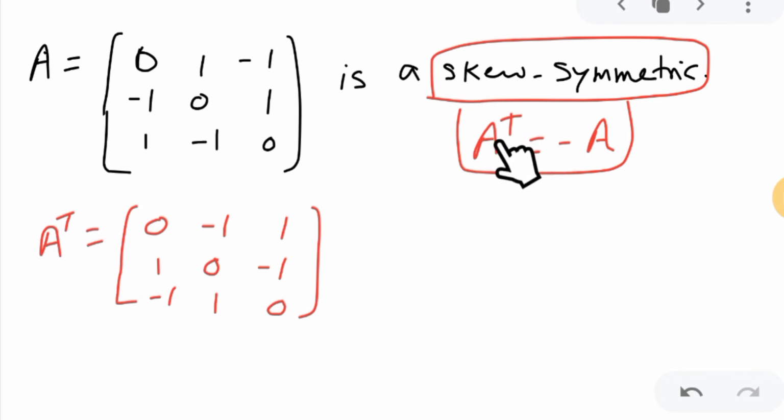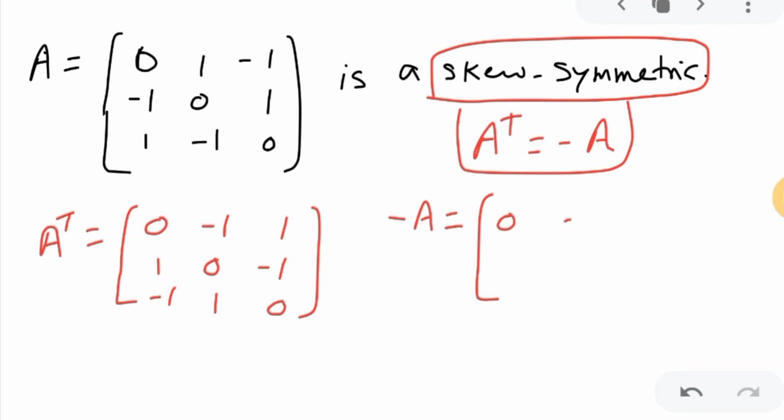So we have to check A transpose is equal to minus A. Now I will find minus A. So this is A. Now here I am finding minus A. So minus A means minus will be multiplied to each element. Like to every element you will multiply minus. Minus 0 will be 0 only. Then minus 1 will become 1. So just you have to change the sign.